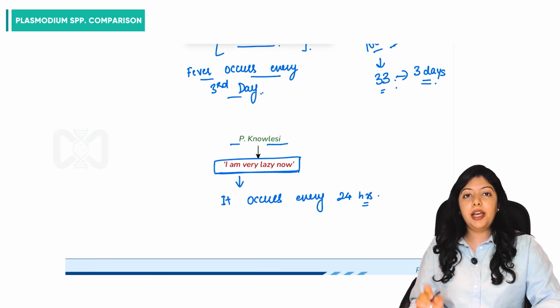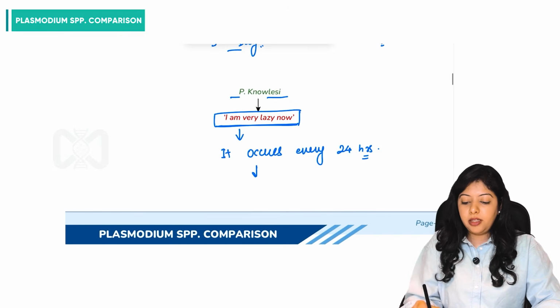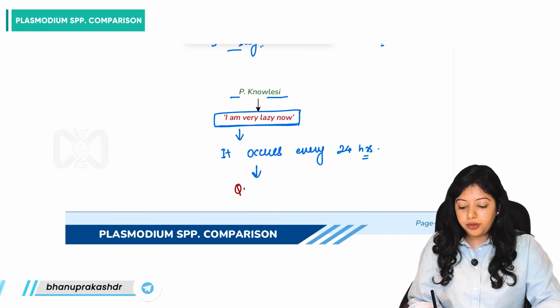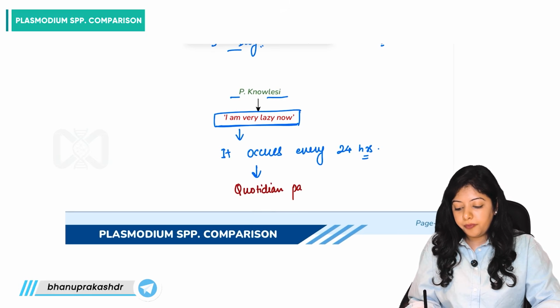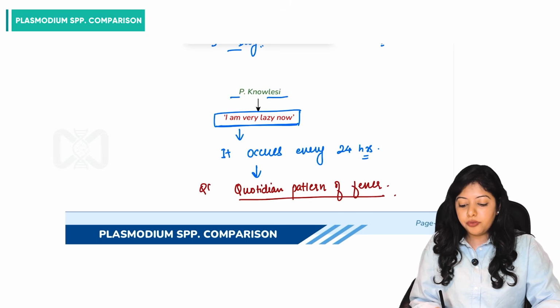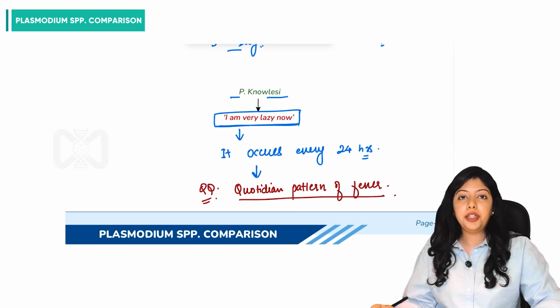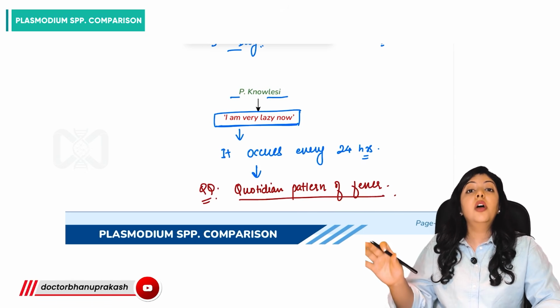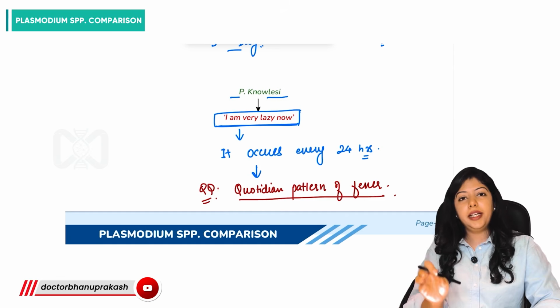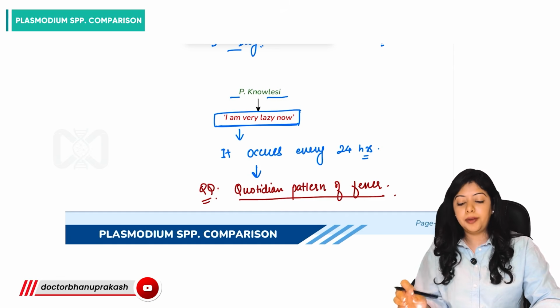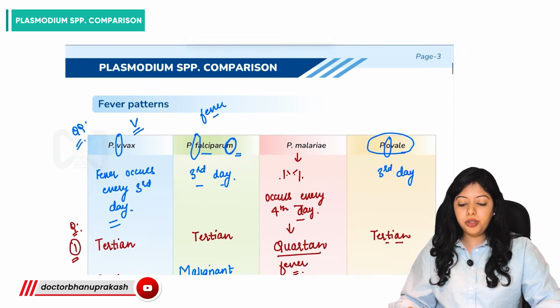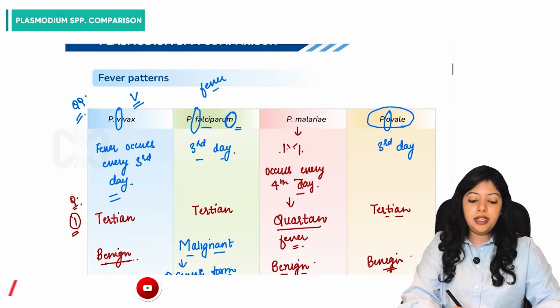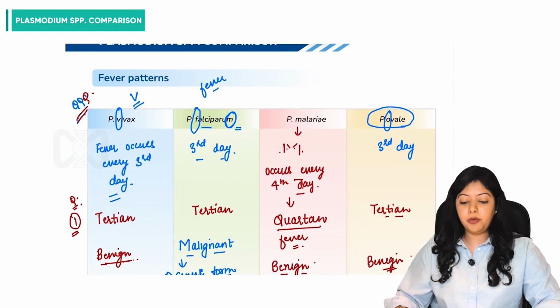I have fever every day, and we call it quotidian pattern. Quotidian pattern of fever. Right? Don't get confused with quartan and quotidian. Quartan stands for quarter, one fourth, and it occurs on the fourth day. Right? So this was about the fever patterns, a very, very high yield section of Plasmodium species.